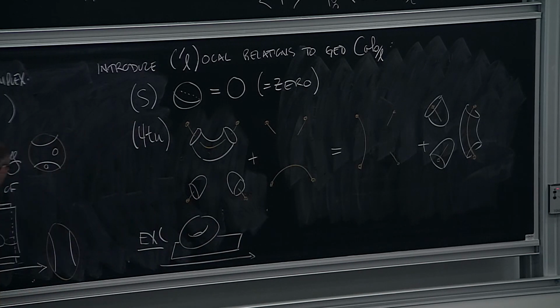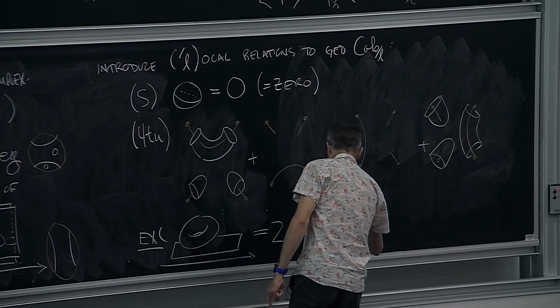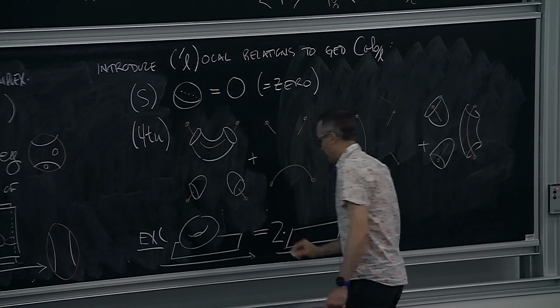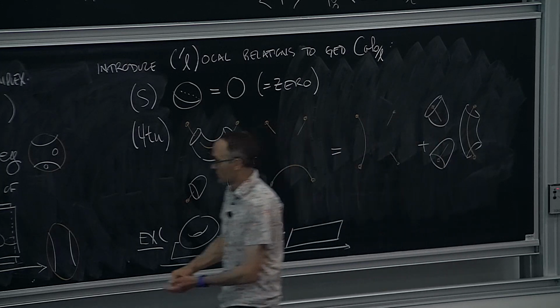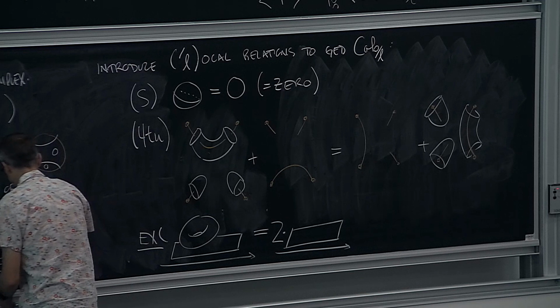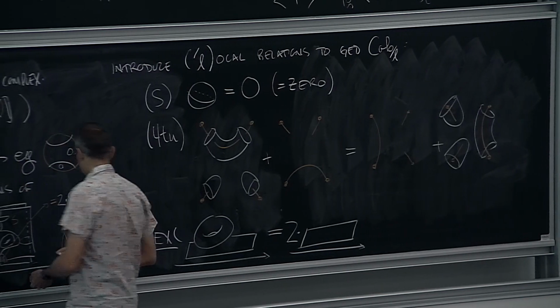So for example, this cobordism here, the claim is that this is the same thing as 2 times the same cobordism, but with the torus removed. Meaning this cobordism here is equal to 2 times that given surface.